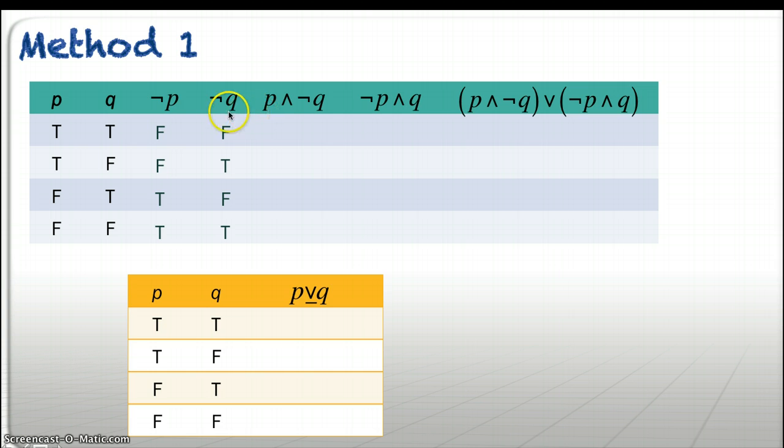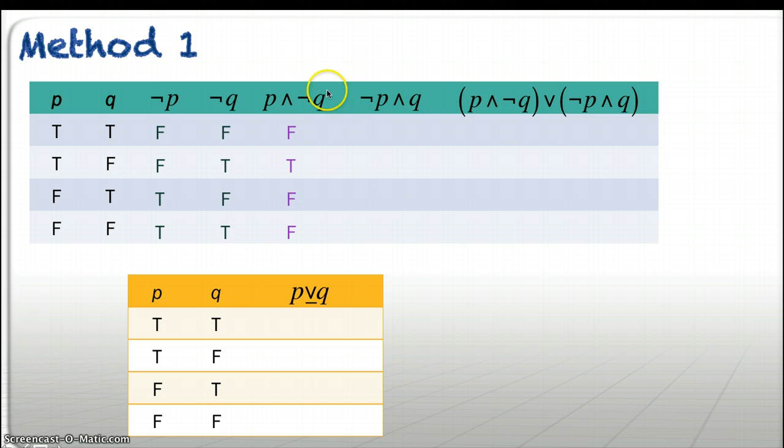Now we're going to compare P and the negation of Q, so this first column and the fourth column, and we're using AND. True and false is going to be false. True and true, this time it's not false, but it's true. False and false is still false. False and true is false.